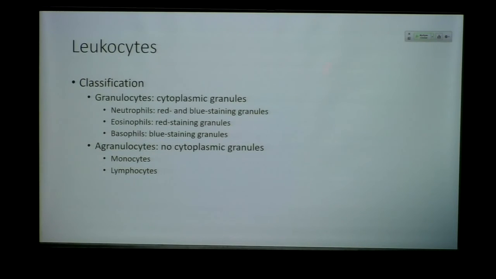But collectively, the cells that have these cytoplasmic granules are very intimately involved in attacking invaders because of the toxicity of those granules. Whereas agranulocytes, such as monocytes and lymphocytes, are usually involved in another way in the immune response. They're usually involved in cell tagging and other types of identification and destruction of pathogens.